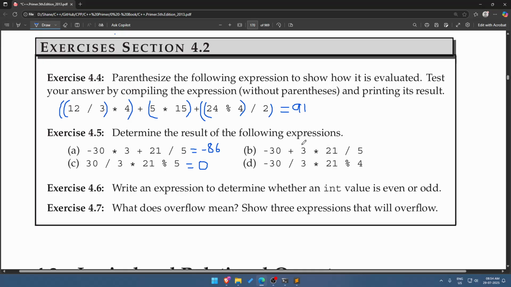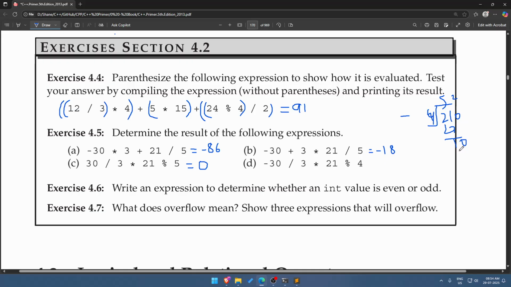And we have, okay, 21 times 3 is 63. 63 divided by 5 is 12. 12 minus 30 is minus 18. Okay, so this will be minus 10 times 21 is minus 210, and then minus 210 mod 4, it will be negative of 210. 4 5s are 20.